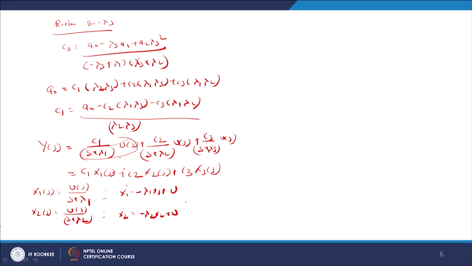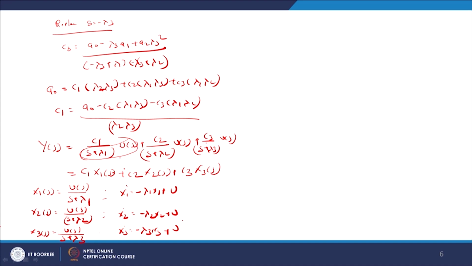Similarly we can write x3 of s equals u of s by s plus lambda 3. So what will we get? x3 dot equals minus lambda 3 into x3 plus u. So we have got x1 dot, x2 dot and x3 dot.